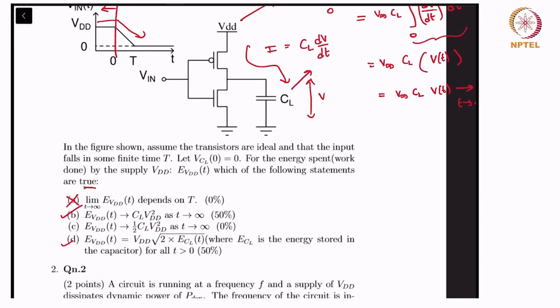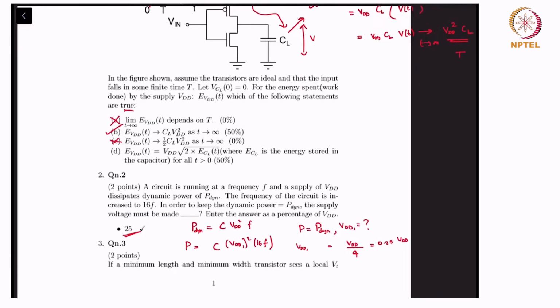And since B is correct, and VDD is not equal to 0, because clearly I've demonstrated that VDD is not equal to 0, that means that CL VDD square is not equal to half CL VDD square. So therefore the third option is wrong. Of course, I'm also assuming here that CL is not equal to 0, which means the product of those two is not equal to 0.